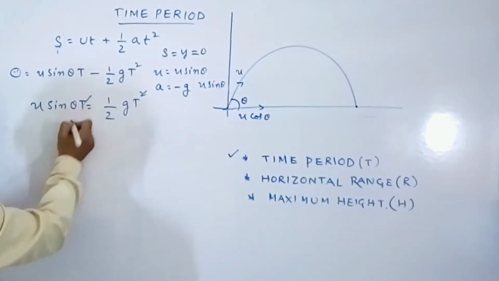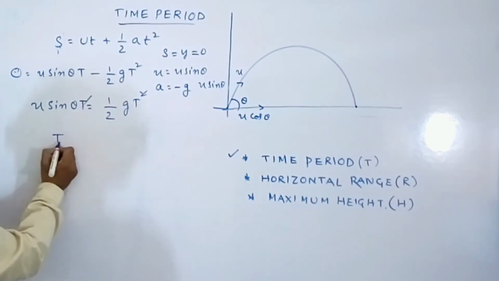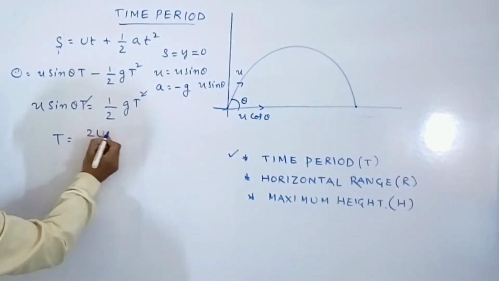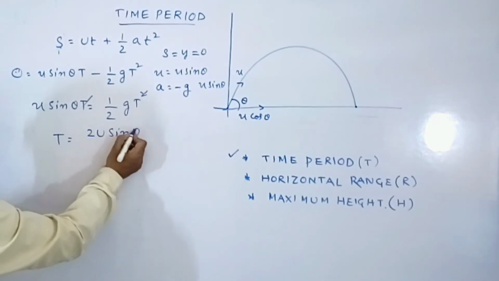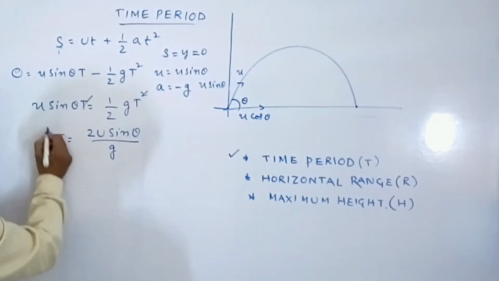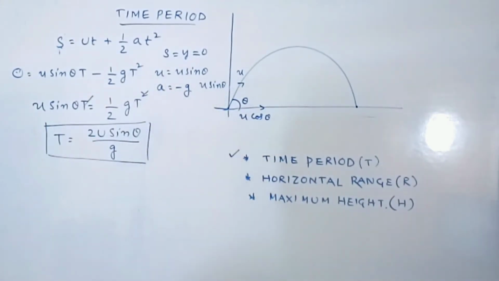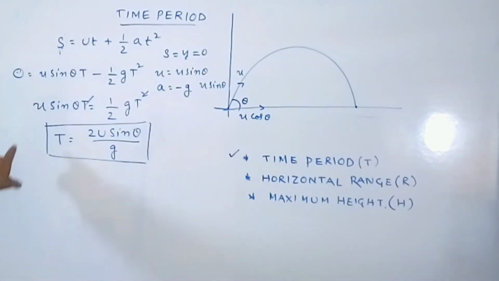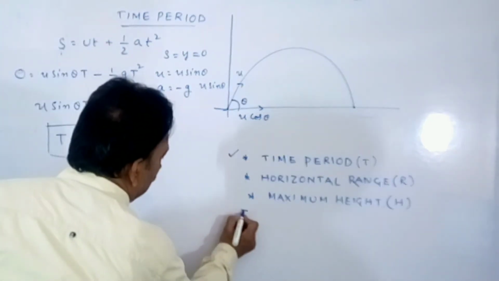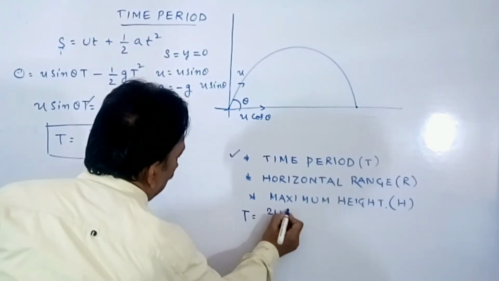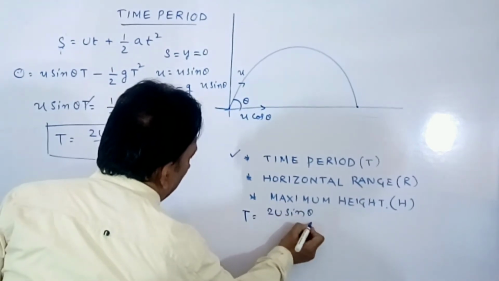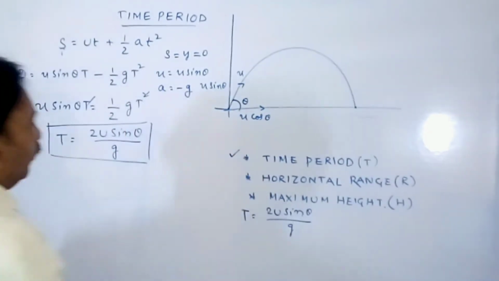Square and t get cancelled, and we have t is equal to 2u sine theta by g. It is the equation for time period. Time period can be had as t is equal to 2u sine theta by g. Here I am freezing it. We got the value of t.